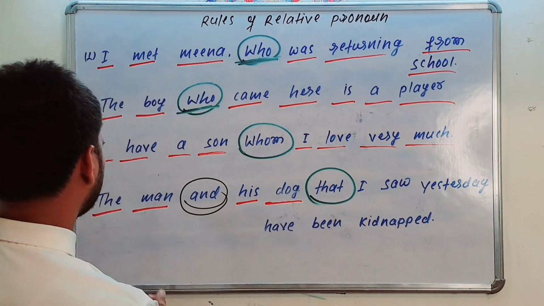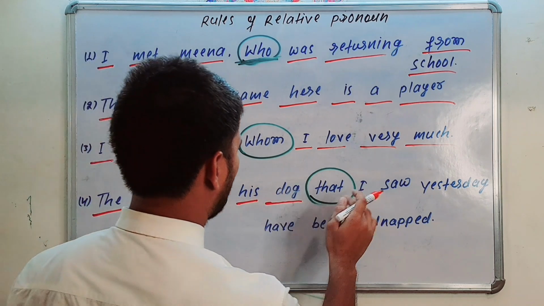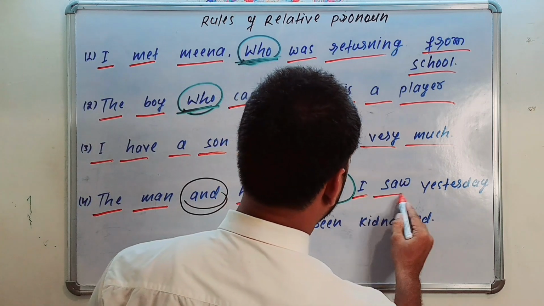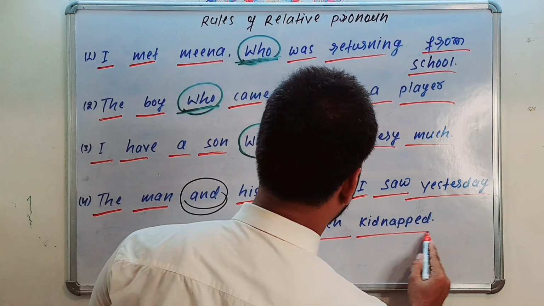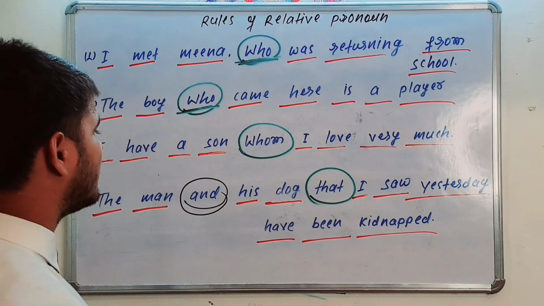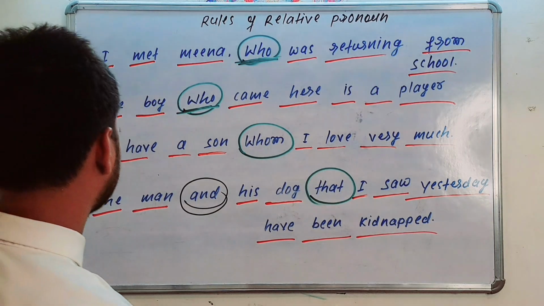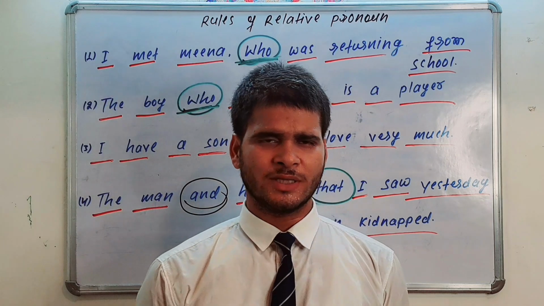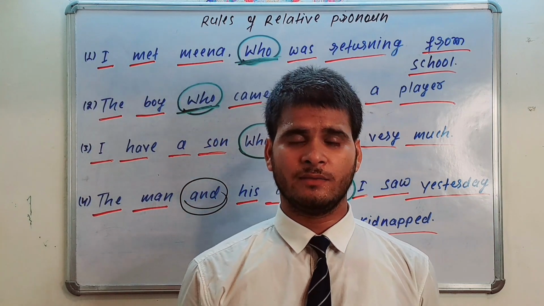You see, again here: the man and his dog that I saw yesterday have been kidnapped. Understand better. That's why I'm teaching you the third rule of relative pronoun.